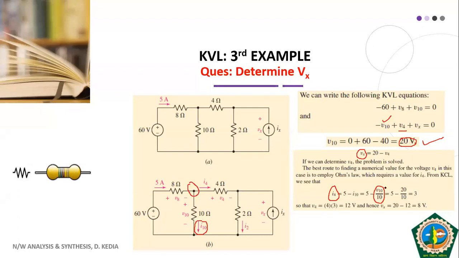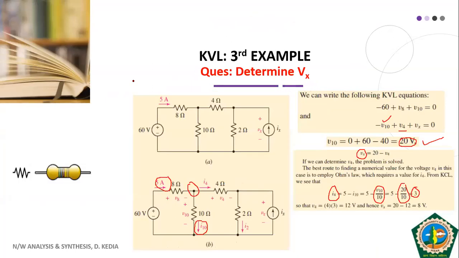So your I10 will be 20 by 10, that is 2 ampere. We have 2 ampere going out and 5 ampere coming in, so we'll be left with 3 ampere. So the value of your I4 will be 3 ampere.